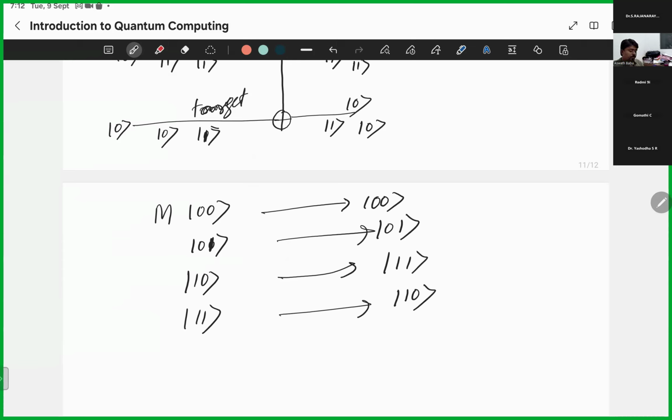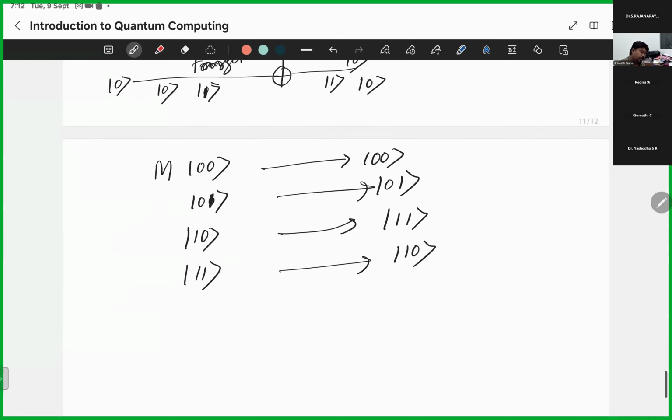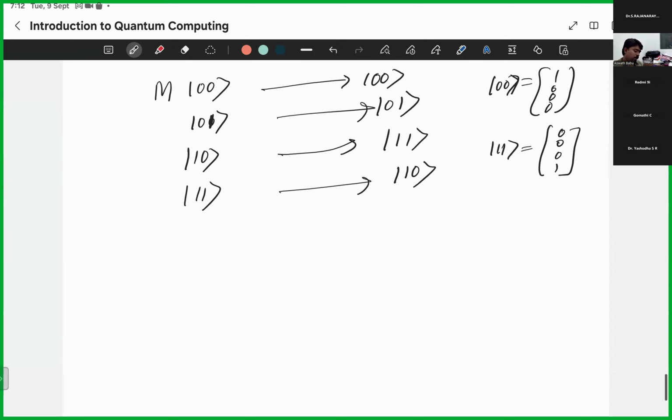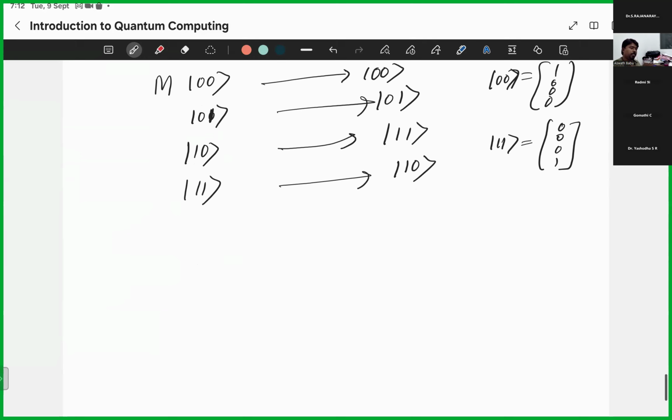Okay. As you know, the representation for 0, 0 is the tensor product, which is going to give me this. The representation for 1, 1 is going to give me the tensor product like this. Okay, right? So what I want here is to know what this M is.